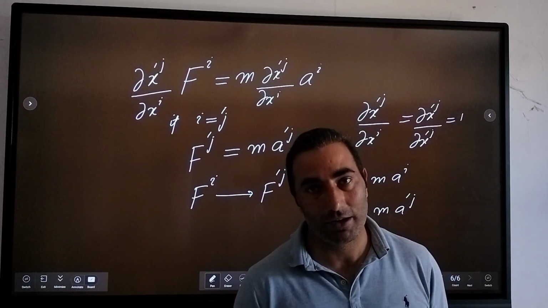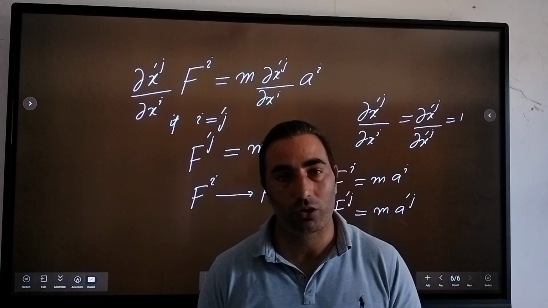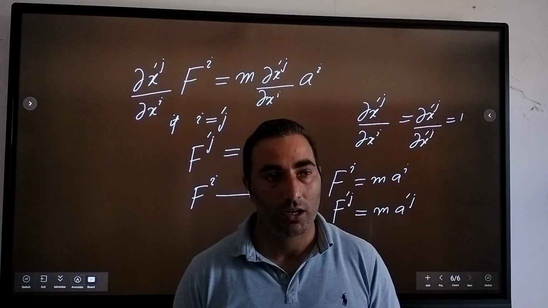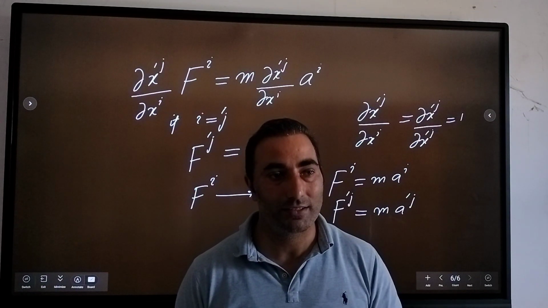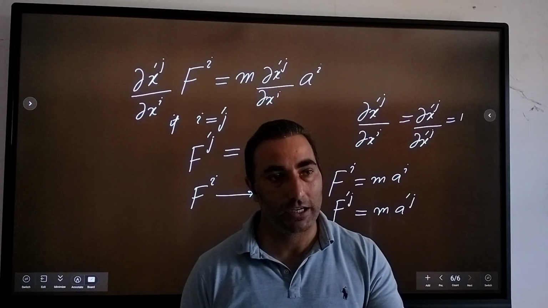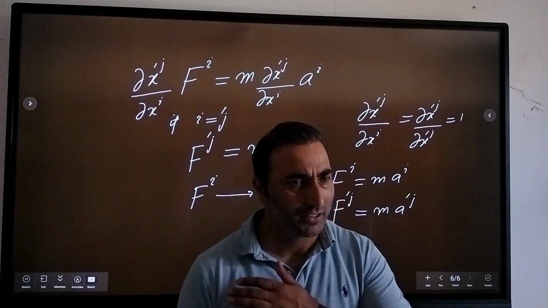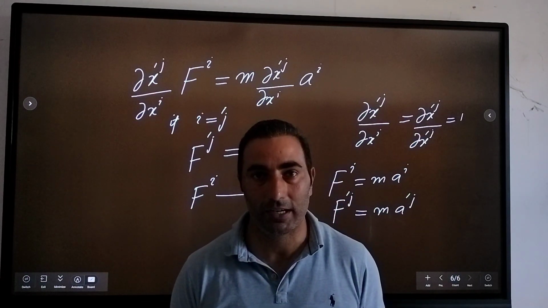And one important point that I am repeating is that any theory of relativity is based on the foundation of scalars, because scalars remain the same in all frames of reference, right?